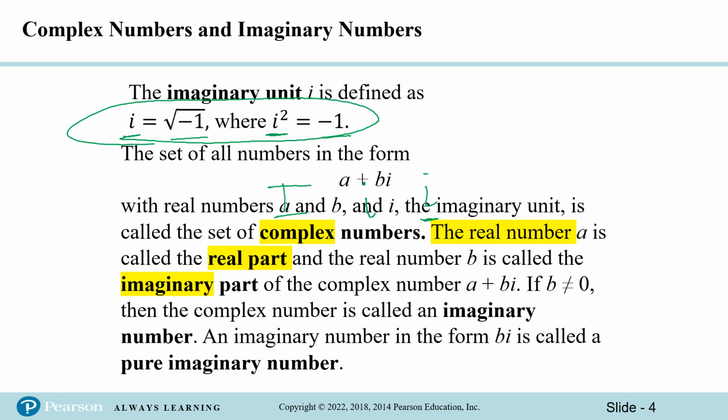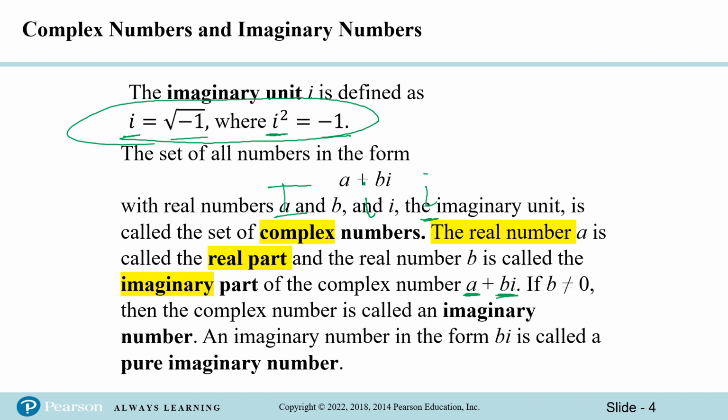Complex numbers. If you take a real number and add an imaginary number, you end up with something called a complex number. We usually talk about it as a + bi. So a is the real part of the complex number, and b times i is the imaginary part.